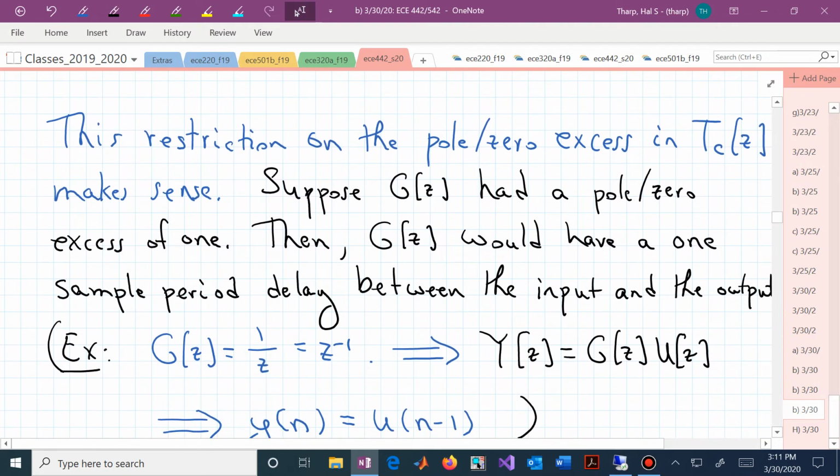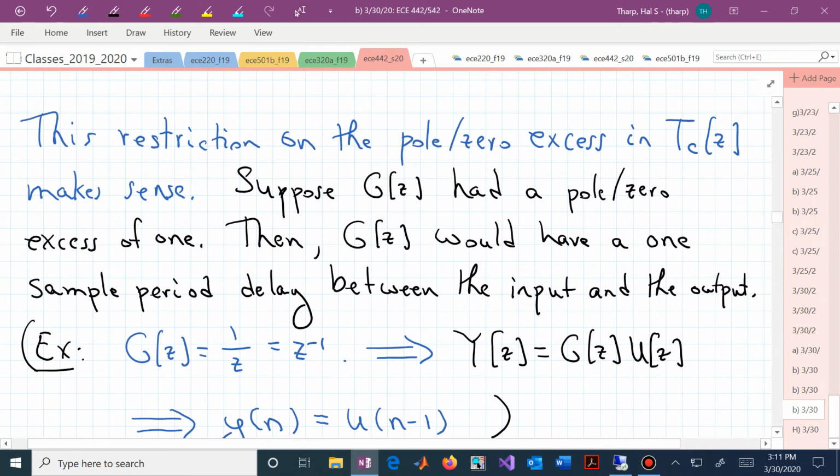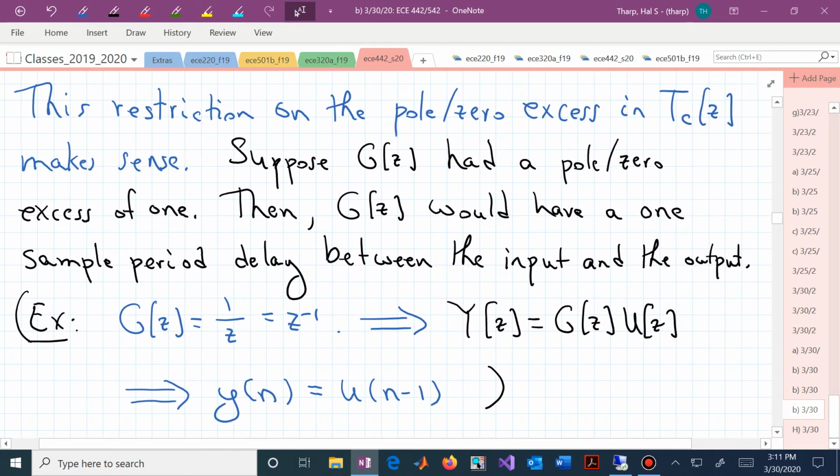Suppose the plant had a pole zero excess of 1. Then G of Z would have 1 sample period delay between the input and the output. A simple case now is G of Z is 1 over Z. We have 1 pole, no zeros. The pole zero excess is 1. That's Z to the minus 1.